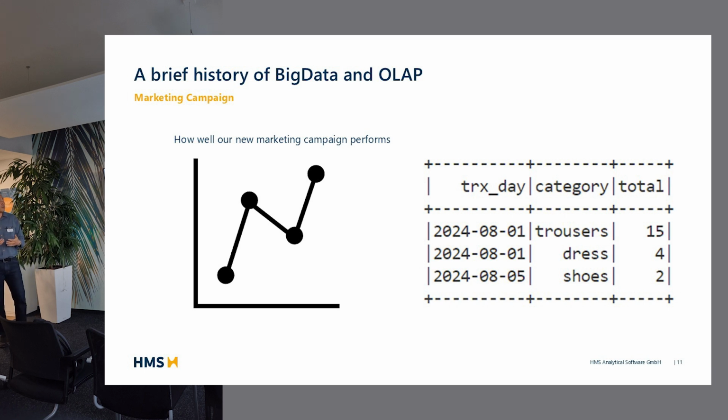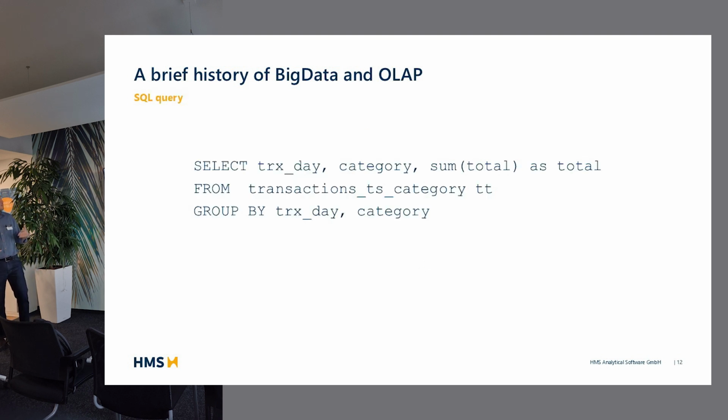Then you can see how well your marketing campaign performs. How would you typically do it? If you have an OLAP processing engine or a data warehouse, you can run a SQL query. So now we're back to SQL and relational data processing.